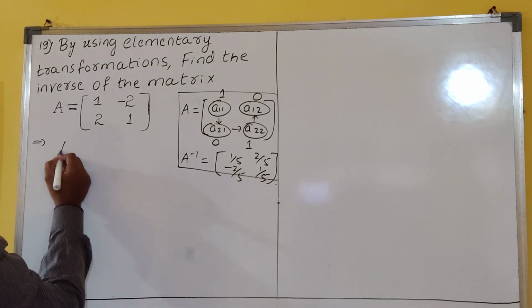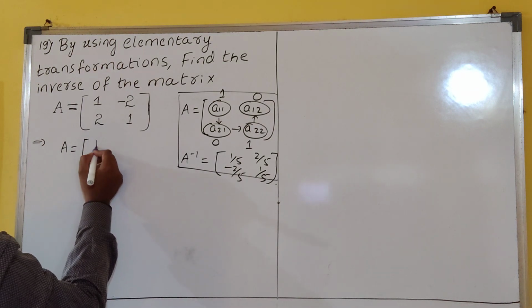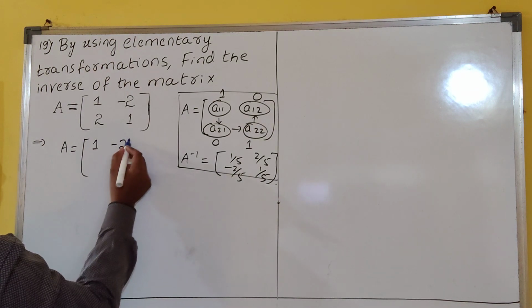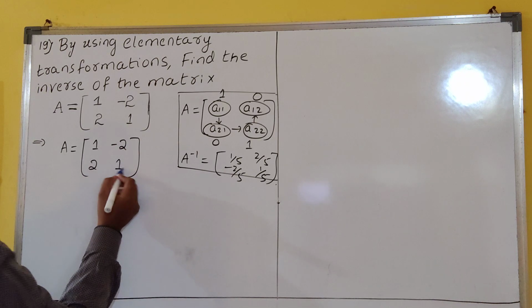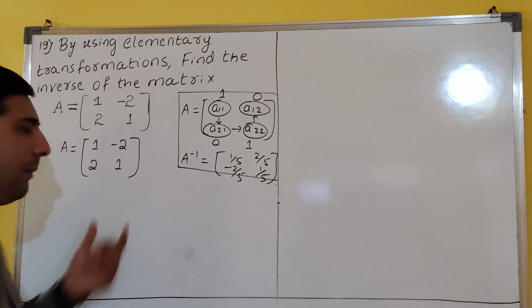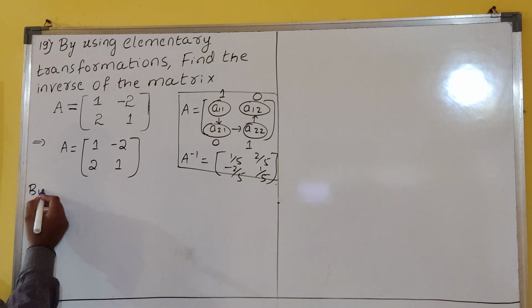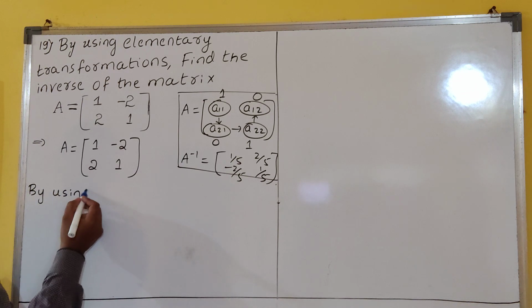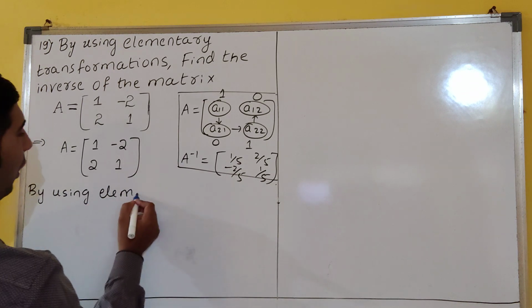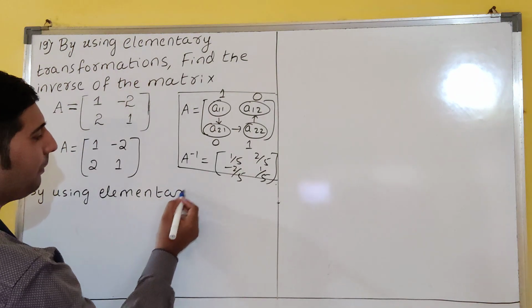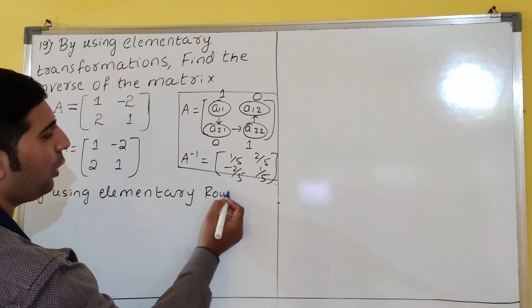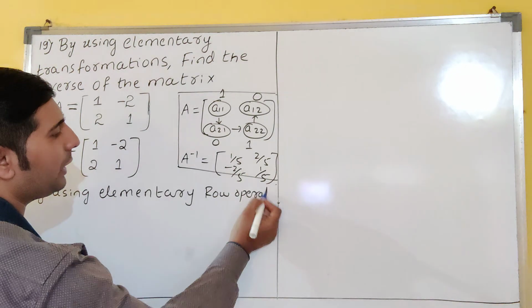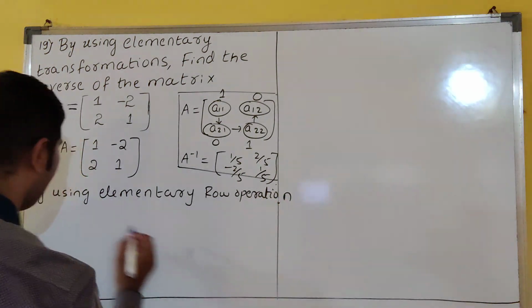First you write the given A. A is 1 minus 2 to 1, dear students. This is the given question. By using elementary row operation, you know how to write it.